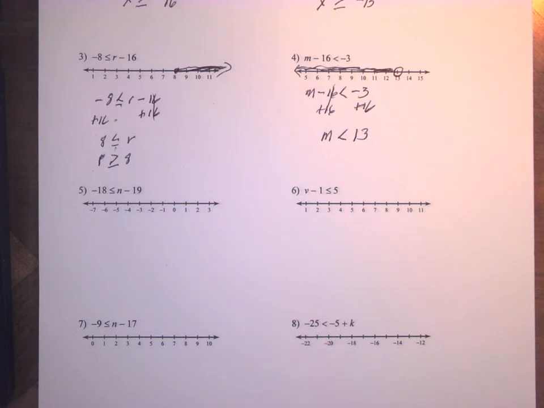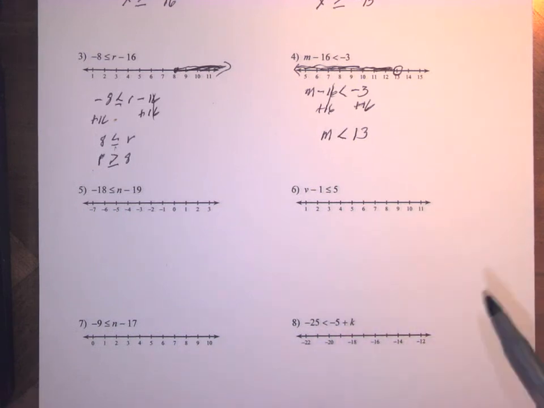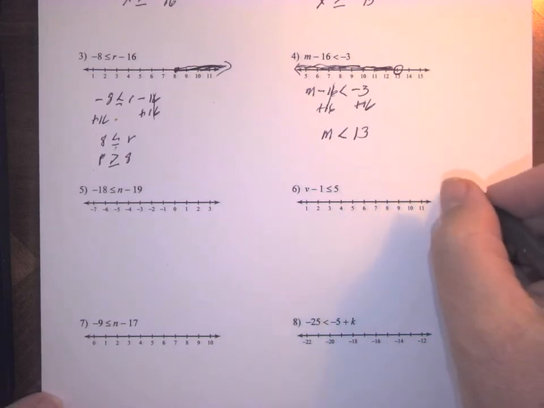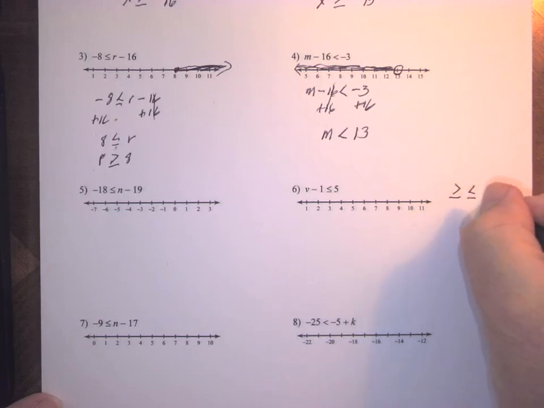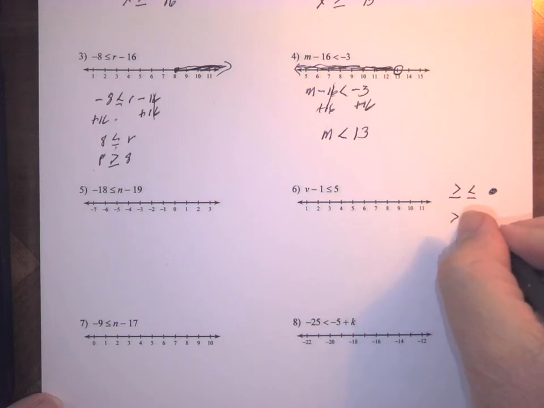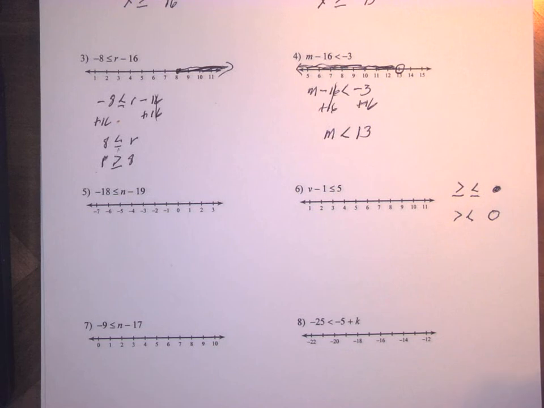So you've got to remember that if it is a greater than or equal or less than or equal, you use a solid dot. If it's a greater than or less than, you use an open dot or a circle. All right, this is the one I'm going to grade. If you have problems with it, give me a call or send me an email, and we'll get it worked out.